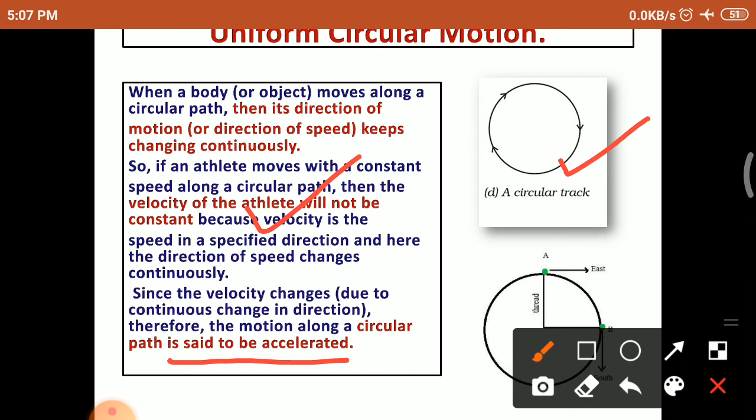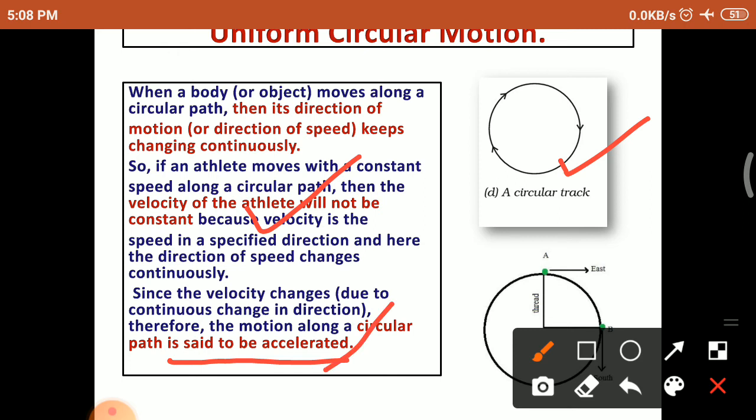If an athlete moves with a constant speed along a circular path, the velocity will not be constant, because velocity is the speed in a specified direction. How can we define velocity? Speed with direction. And here the direction changes continuously. Since the velocity changes continuously, the motion along a circular path is said to be accelerated.